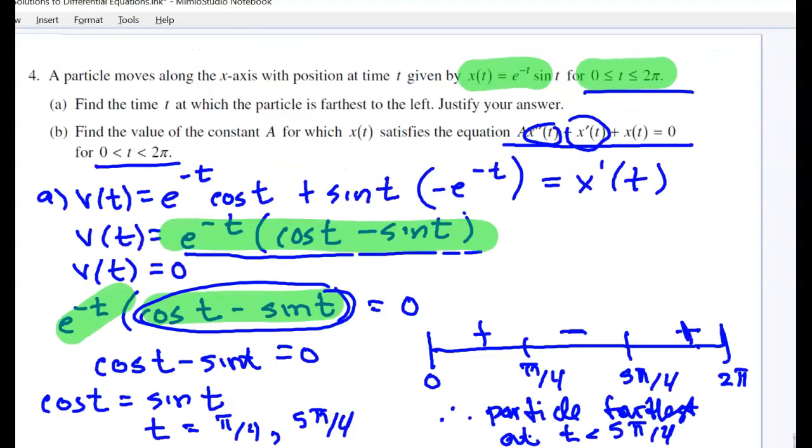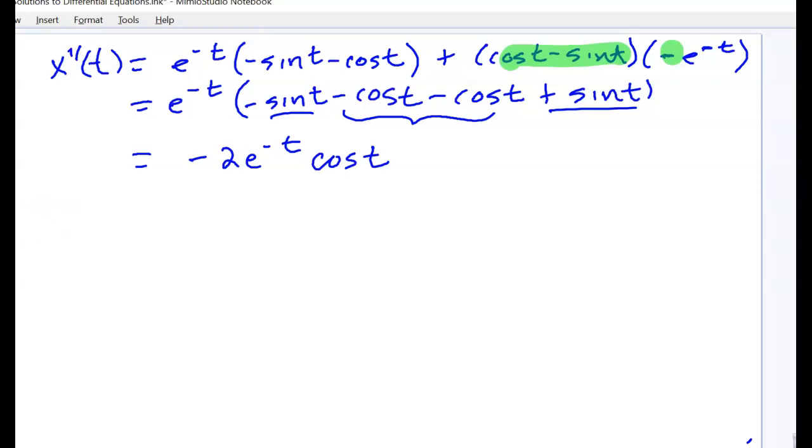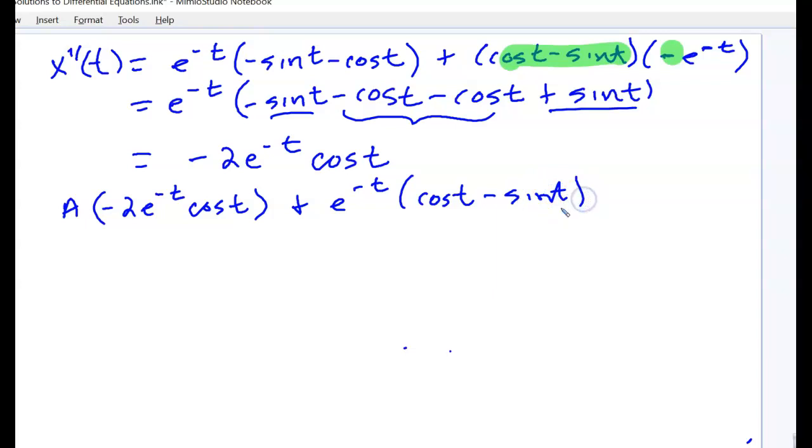Now I'm going to plug back into my equation: a times the second derivative, plus the first derivative, which is e to the negative t times cos t minus sine t, plus the original function, and that all equals 0. That's supposed to be a sine t there.